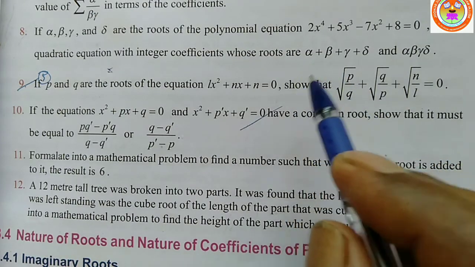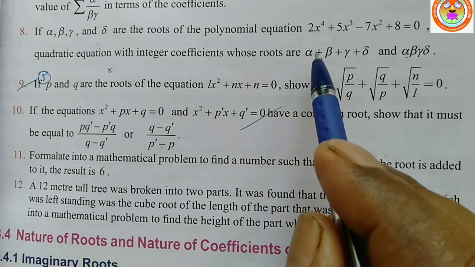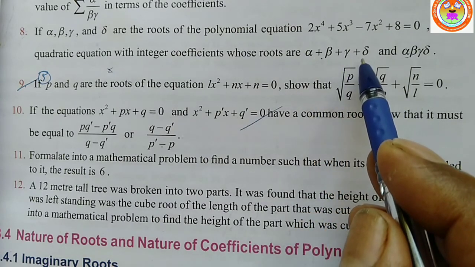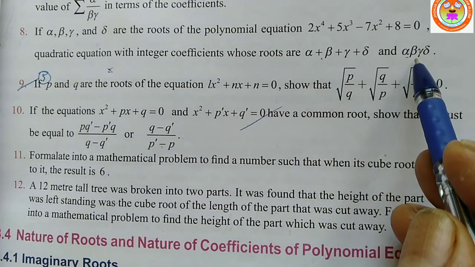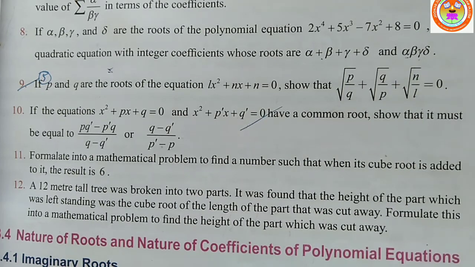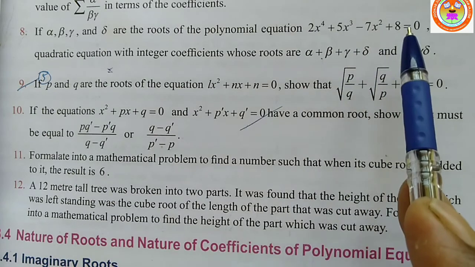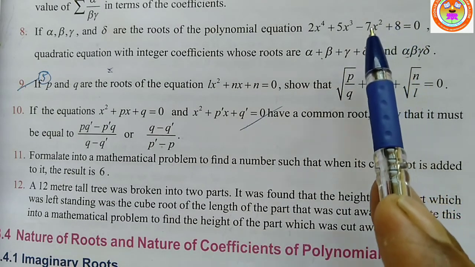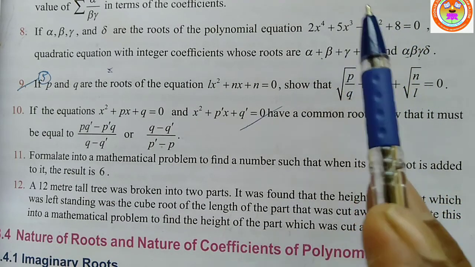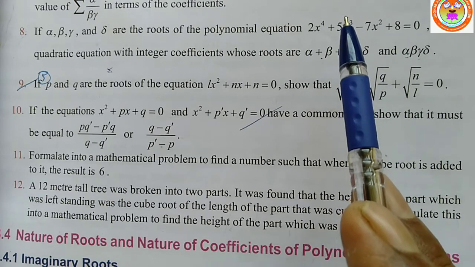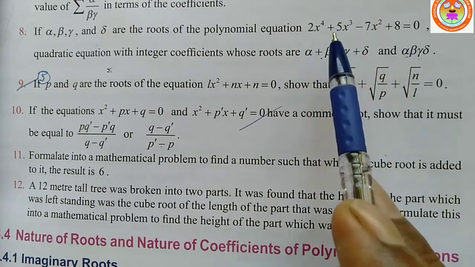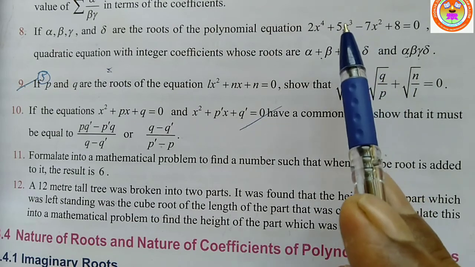That equation's roots are these two, that is alpha plus beta plus gamma plus delta and alpha beta gamma delta. Okay, so given a fourth degree equation, every nth degree equation has n roots. Here the degree is 4, so it has 4 roots.